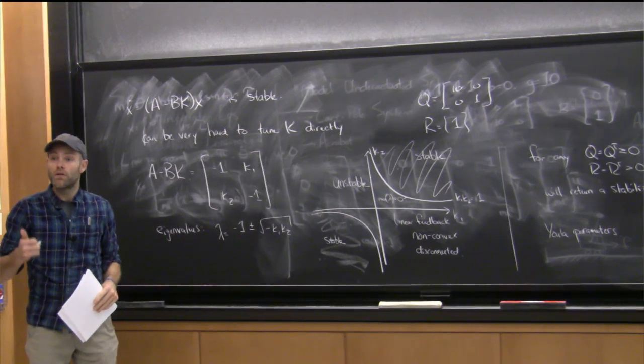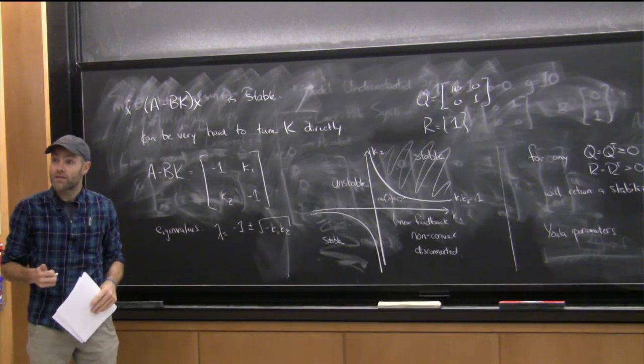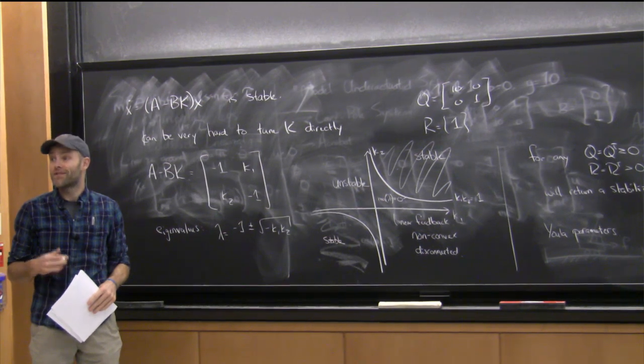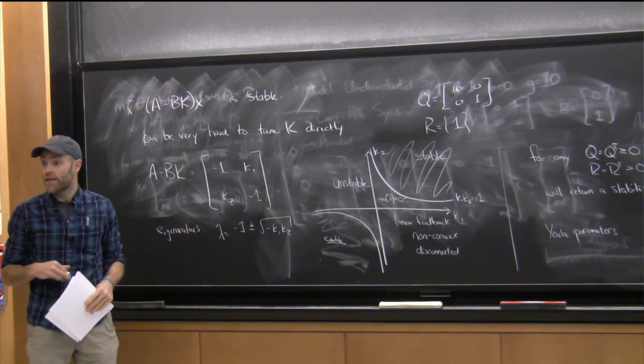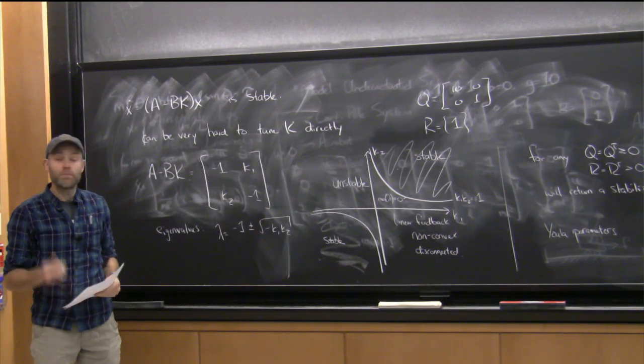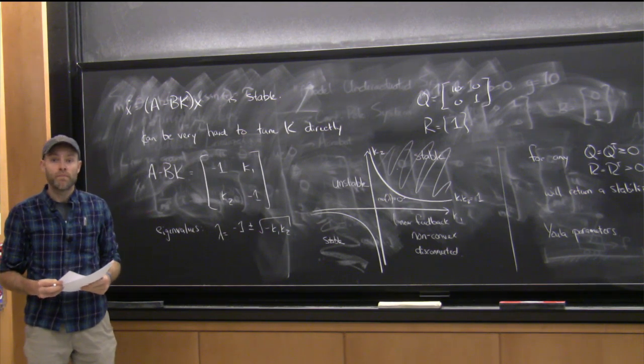If R's the penalty on control action, then you'd expect it to use less control, smaller K's, as you crank up R, okay?